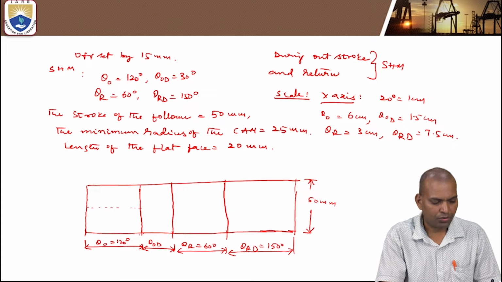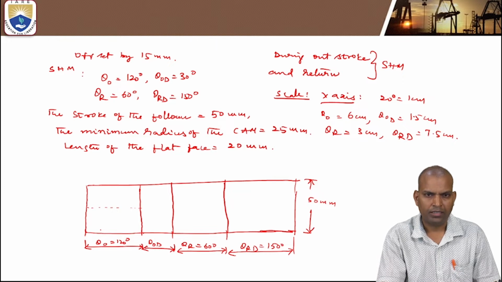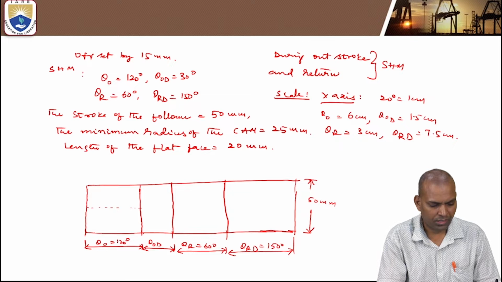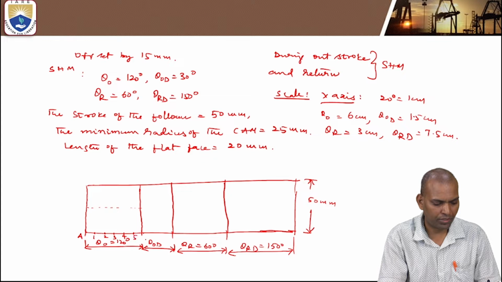Divide the outstroke, the length of 6 centimeters, into 6 equal parts. Once again I am repeating, we can divide into an even number of parts: 4, 6, 8, 10, 12. But the optimum even number of parts is 6. So divide this equally. Mark it as point A, then 1, 2, 3, 4, 5 and 6.